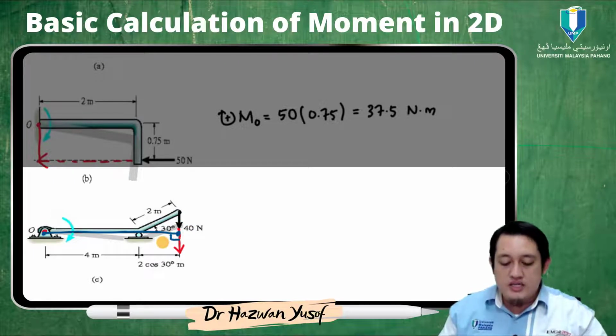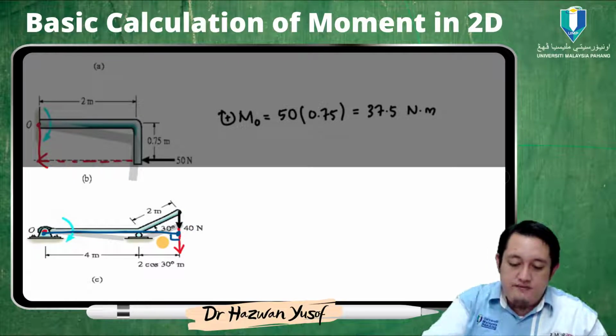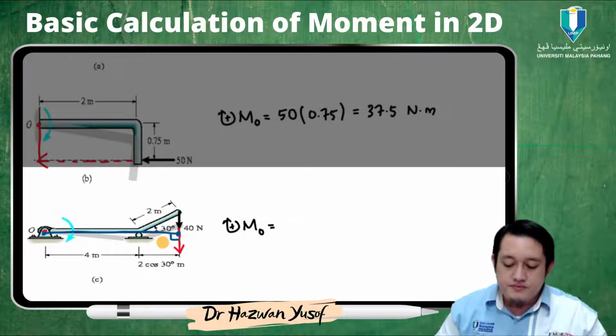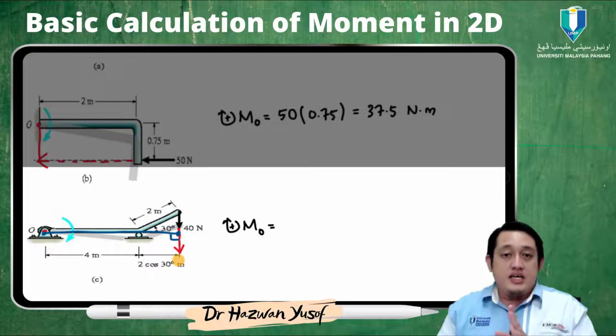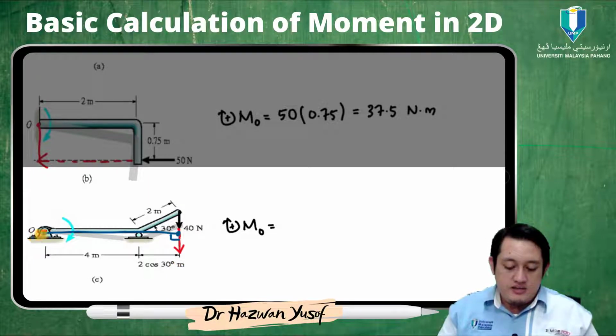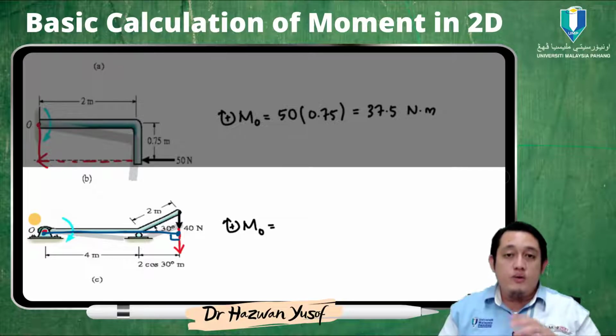So, what is our assumption? Clockwise is positive. Again, clockwise positive. Moment at O: this 40 Newton goes downwards because it is on the left side. If the force is pointing downwards, it will create a clockwise rotation, same as our assumption.